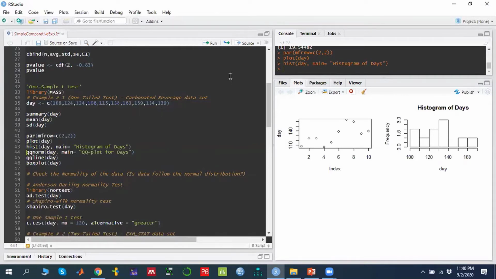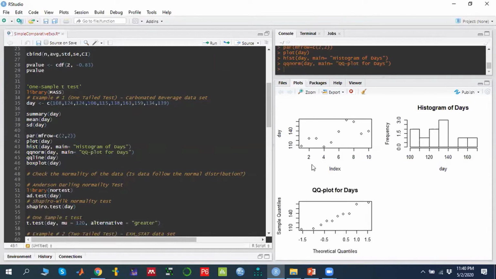So another tool we can use is the QQ plot. In the QQ plot we see on the x-axis the value of the standard normal variable, which is z, and on the y-axis the actual data set. We can also draw the QQ line, which is basically the normal line.